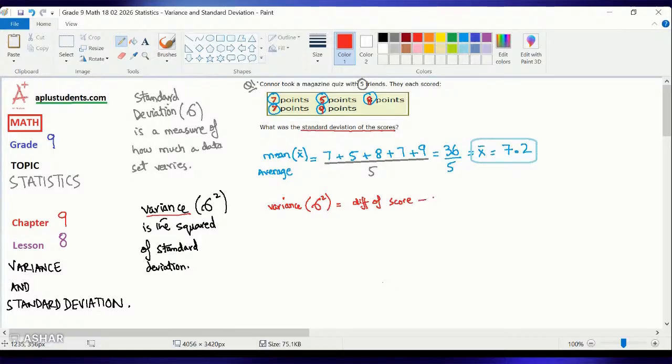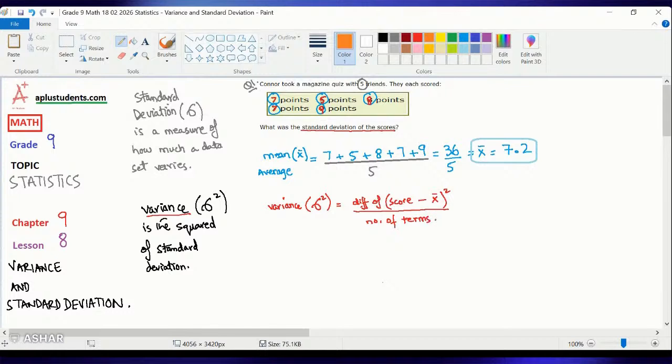Score minus mean, whole squared, divided by the number of terms. The number of terms was 5, right?